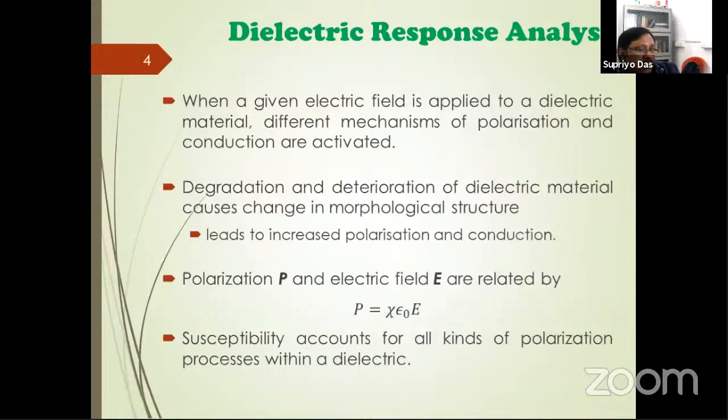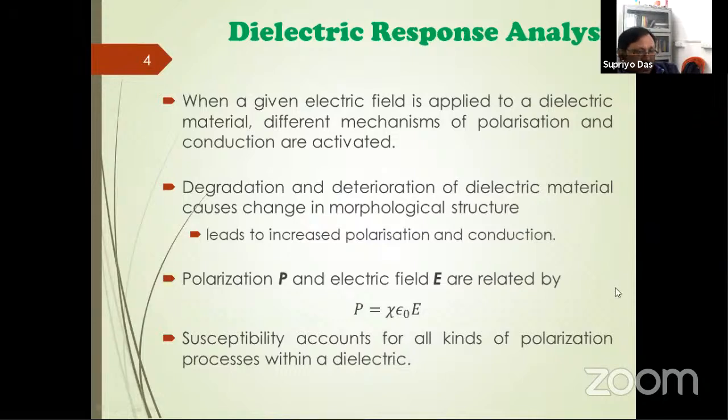So polarization, as we know, is proportional to electric field. If we apply a very low field, then the intensity of polarization is less. But when we apply a higher field, intensity of polarization is higher. So polarization and electric field are related by P equal to chi epsilon naught E, where chi is the susceptibility of the medium of the material.